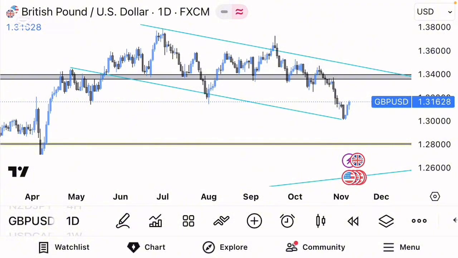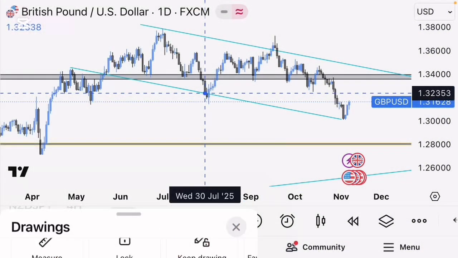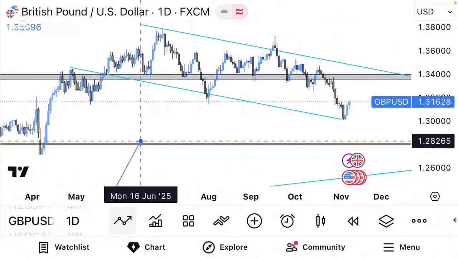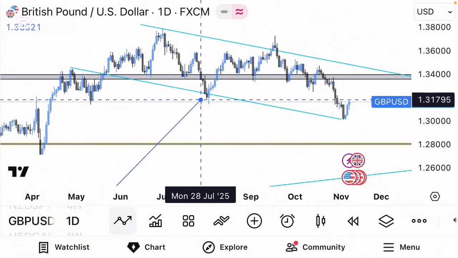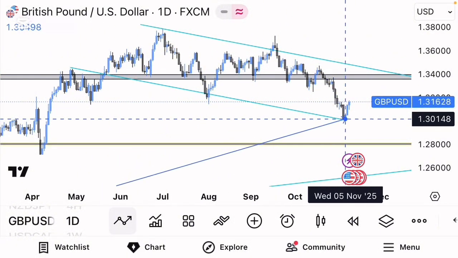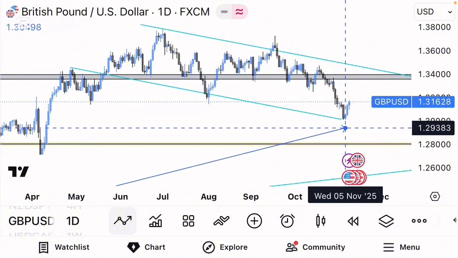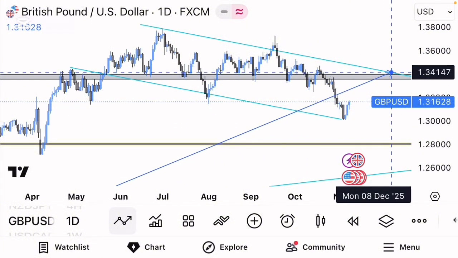On the daily time frame, you can see the first touch here, the second touch here, and the third touch here. Mostly we are going to be anticipating the market to come up here to give the wedge pattern another touch.